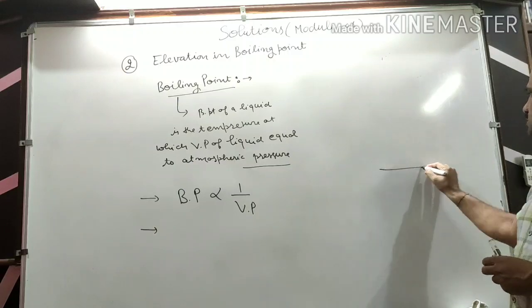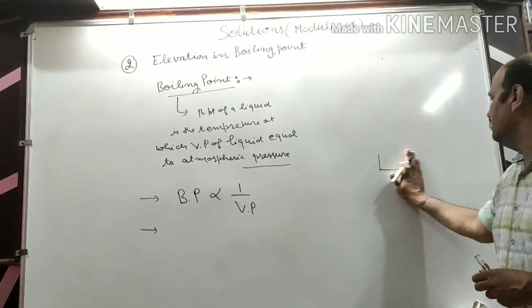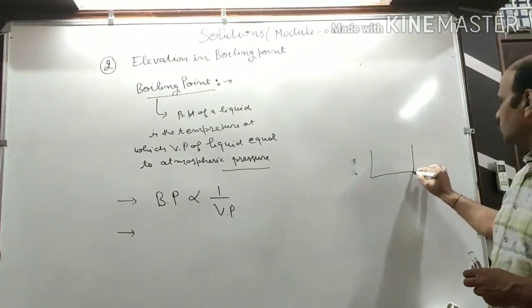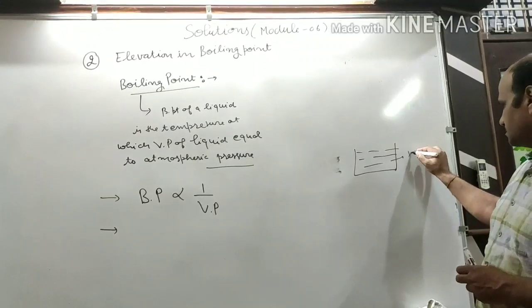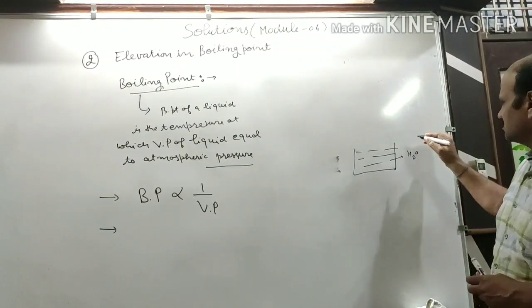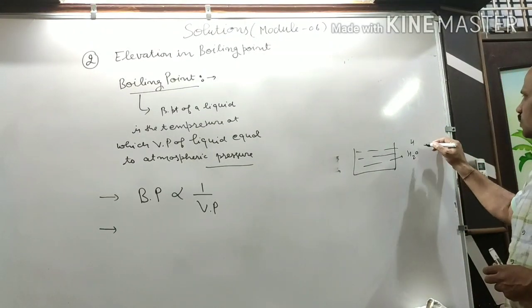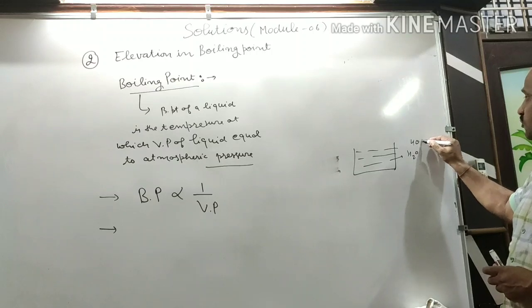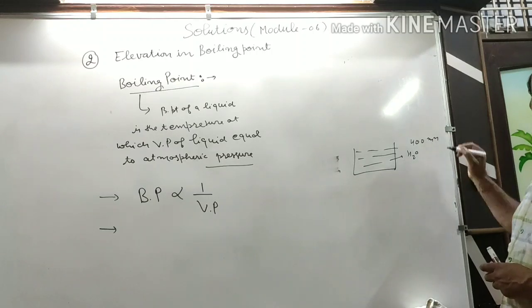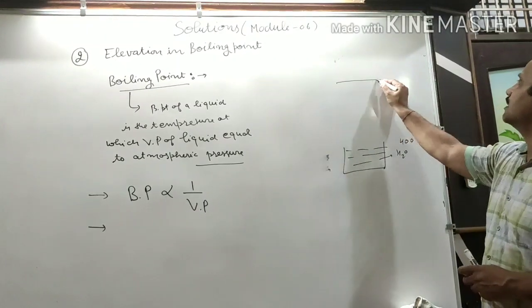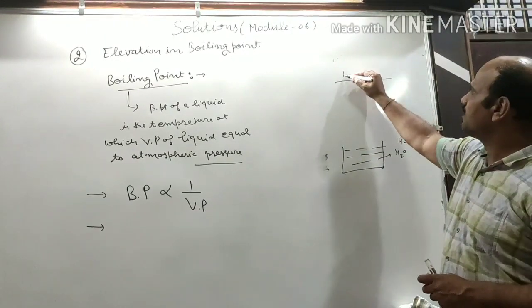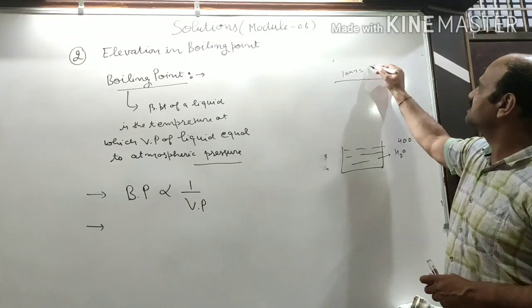Suppose you take water here, and suppose we consider its vapor pressure 400 mm, and normally 1 atmosphere pressure is 760.